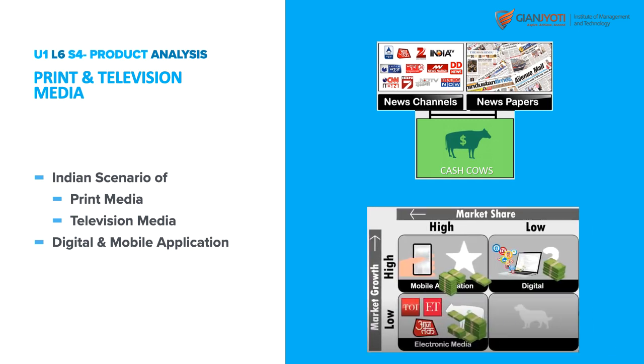So this is the cash cow that you are seeing in the bottom left box. All are doing well, but if they take this cash generated and harvest that in digital and mobile applications, because digital is the question mark, where they have to do the analysis, and mobile applications because they have the market share and they can create that and the market is growing.